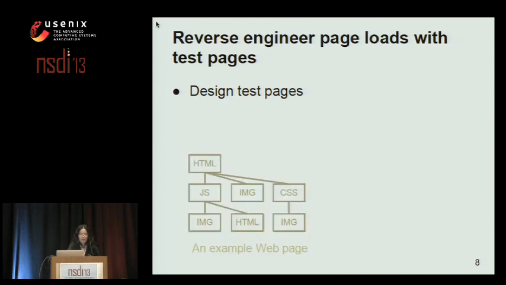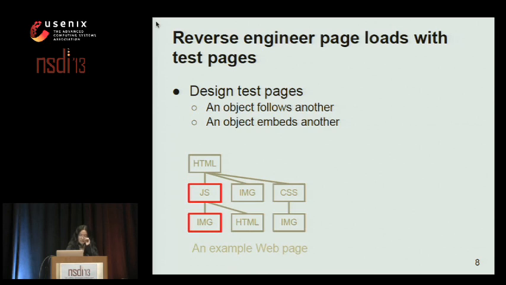So here's an example of a web page. On this web page, it embeds a JavaScript, an image, and a CSS. The JavaScript can recursively embed an image and an HTML. So this represents the relationship of one object follows another.